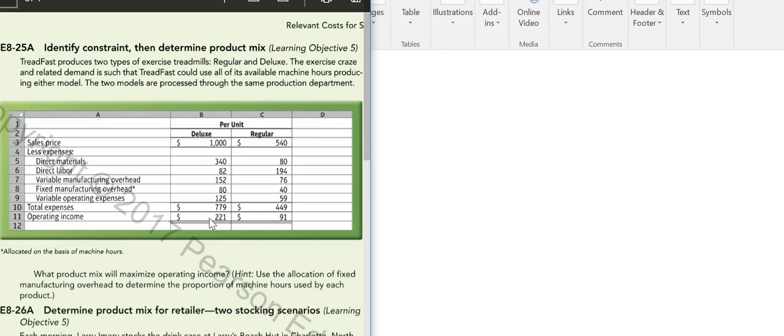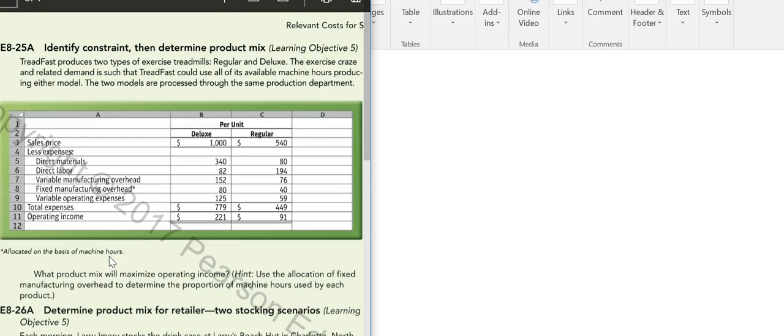Now you have here a little information about fixed manufacturing overhead, and this little asterisk which says that it is allocated on the basis of machine hours. In chapter 3 we learned about the allocation base, right?